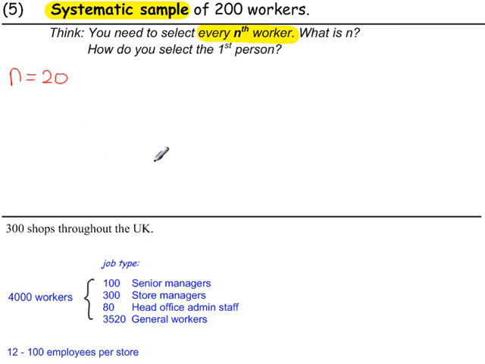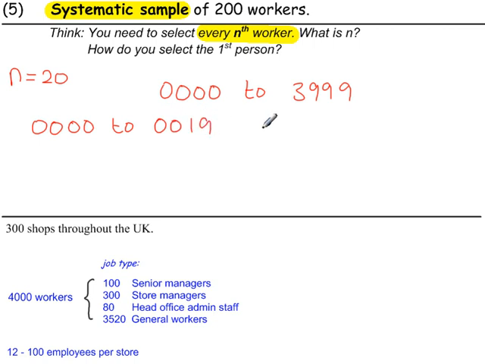So again, you need your population numbered from 0000 to 3999. So you've got a list of names, you've given them all numbers. Now you're going to select the first person, and the first person is randomly selected between 0000 to 0019.